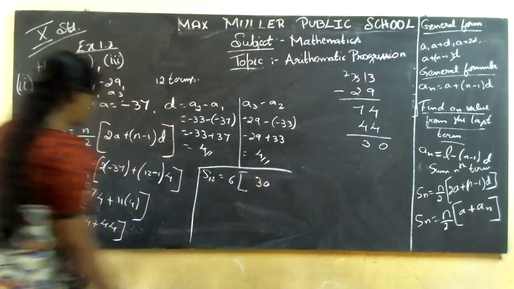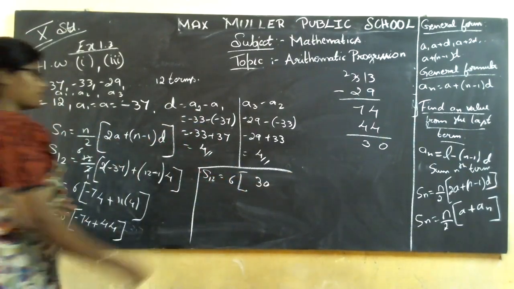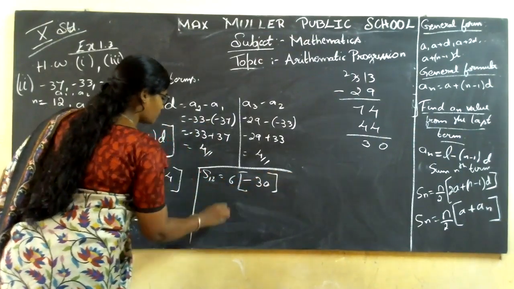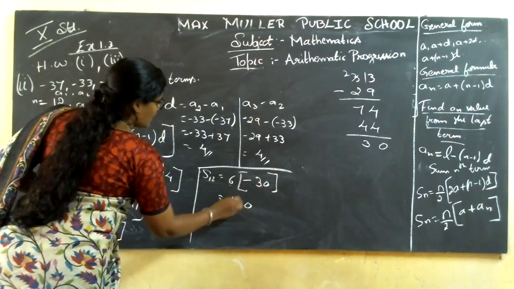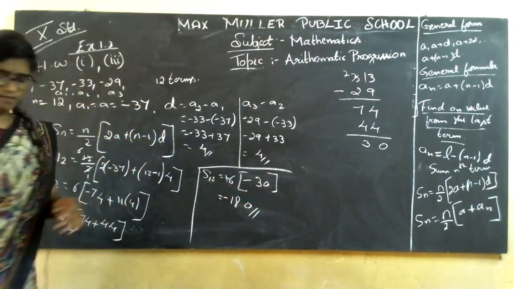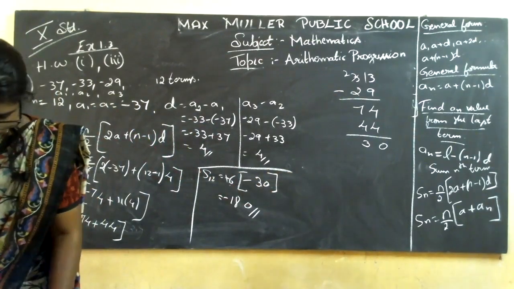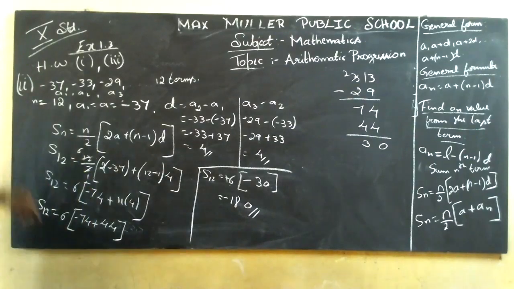Which is the greater number here? 74. So what is the 74 symbol? Minus. Multiply. 6 zeros are 0. 6 3s are 18. Plus into minus is minus. So S12 value is what, children? 180. Let me check. Yes, it is minus 180.